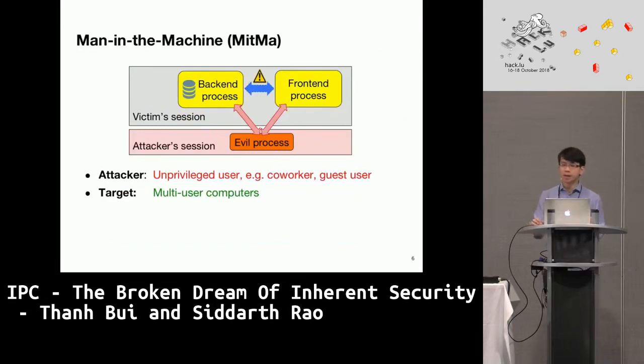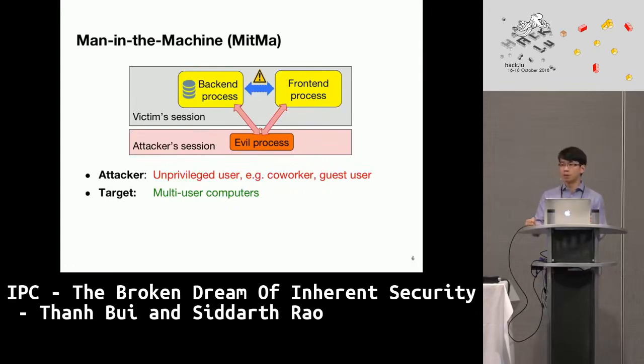And this is the MITMA threat model. We consider the threat from malicious processes inside the computer. However, we are not interested in malware, because we think that if the computer is infected with malware, everything will be compromised. So instead, we're interested in legitimate processes run by other users, and these processes are supposed to be on the computer.